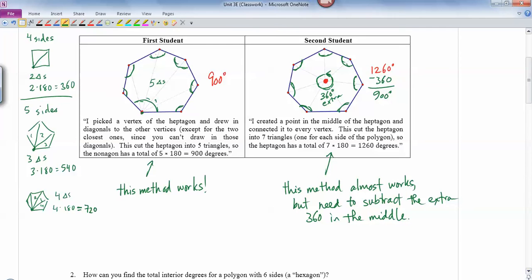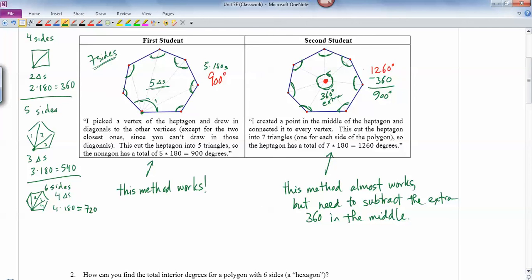Then this was 7 sides, 5 triangles, 5 times 180 degrees. So notice, no matter how many sides I have, if I pick a corner and connect it to every other corner, then I'm going to get 2 fewer triangles than sides. So if it had 100 sides, I'd have 98 triangles, 98 times 180 degrees.